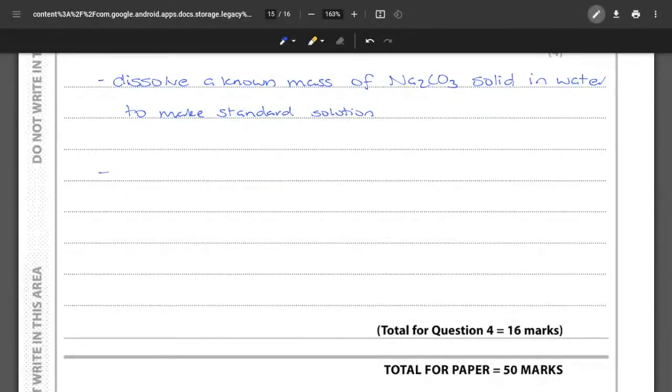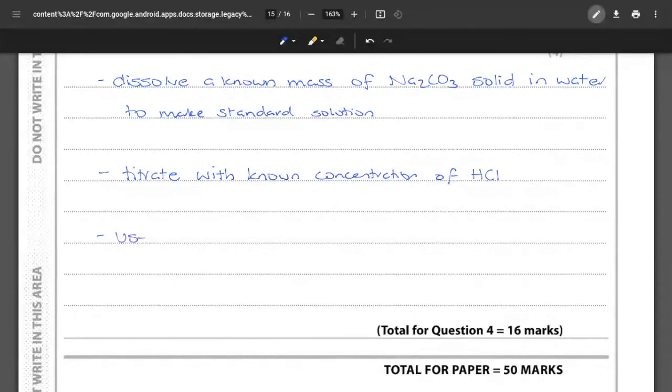So we then have to titrate this with a known concentration of HCl. Now we could use sulfuric acid or nitric acid, but we tend to use hydrochloric acid in titrations. That usually is the best acid for titrations. We need to, obviously for any titration, always use an indicator.